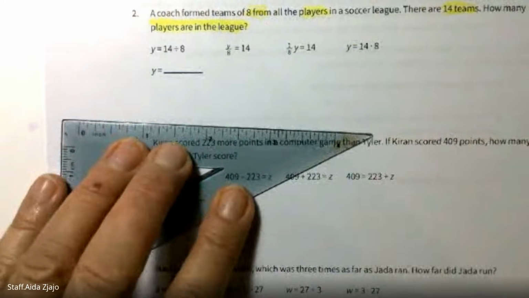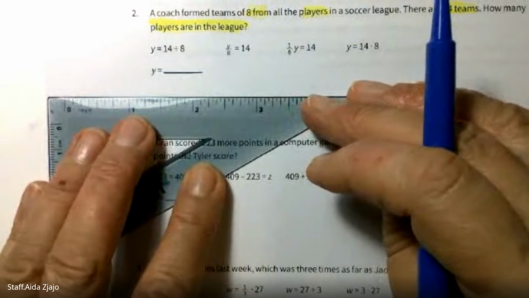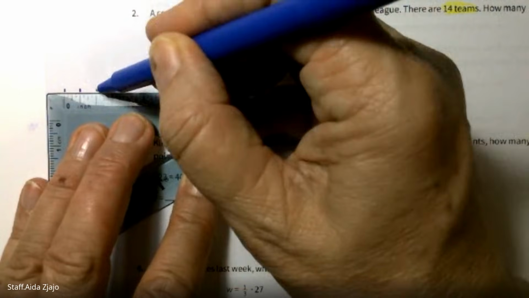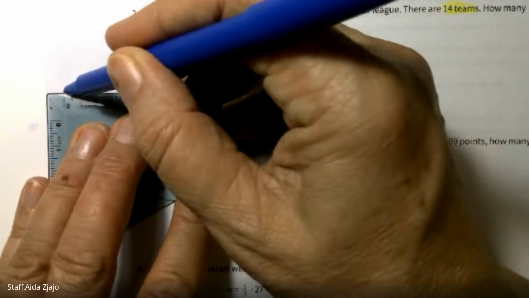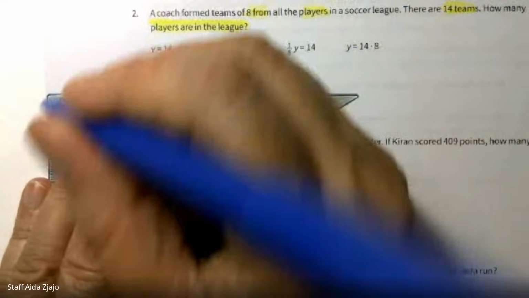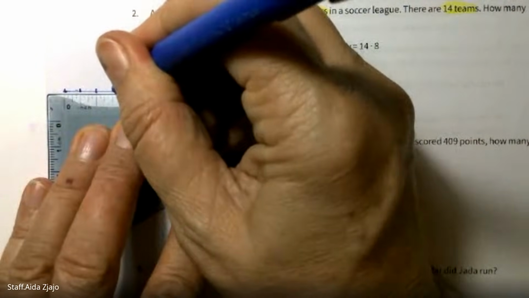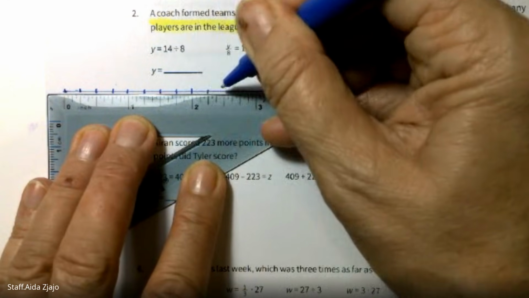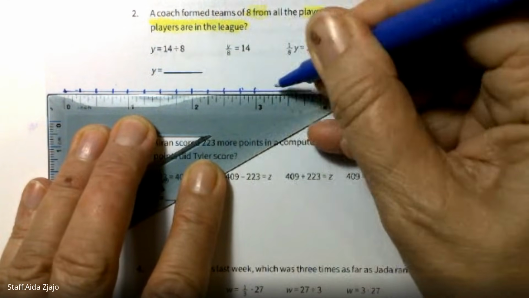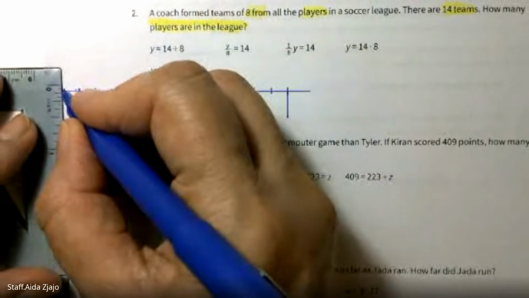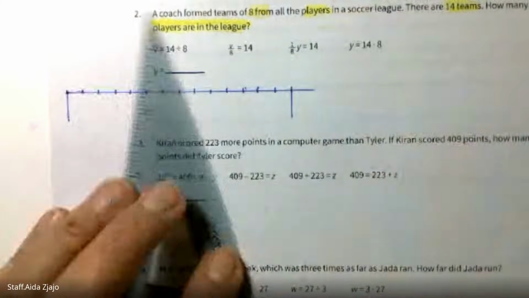So if we try to draw a picture of it, this is my line. One team, 2, 3, 4, 5, 6, 7, 8, 9, 10, 11, 12, 13, 14. I just need this many.